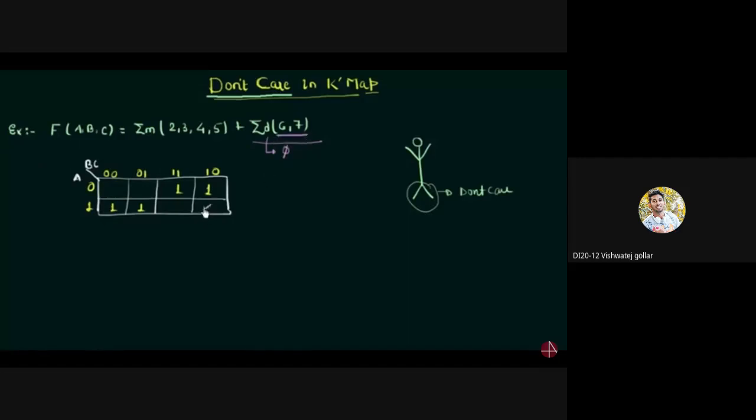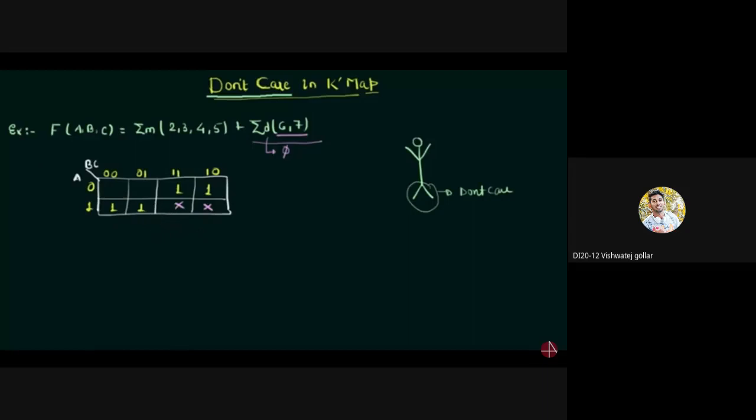We will write a cross, or you can write D as well, but in most books you will find the cross, so I'm using the cross notation for your don't care. So this is how your K-map looks.